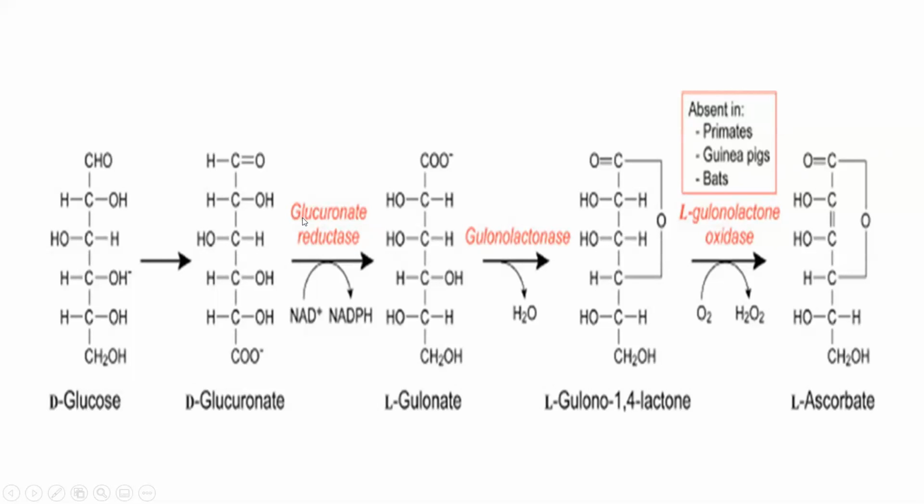So it goes to reductase, gluconolactonase, and L-gluconolactone oxidase, which is an enzyme. So we explore this a little bit more. So in many of these reactions, the water is H2O.